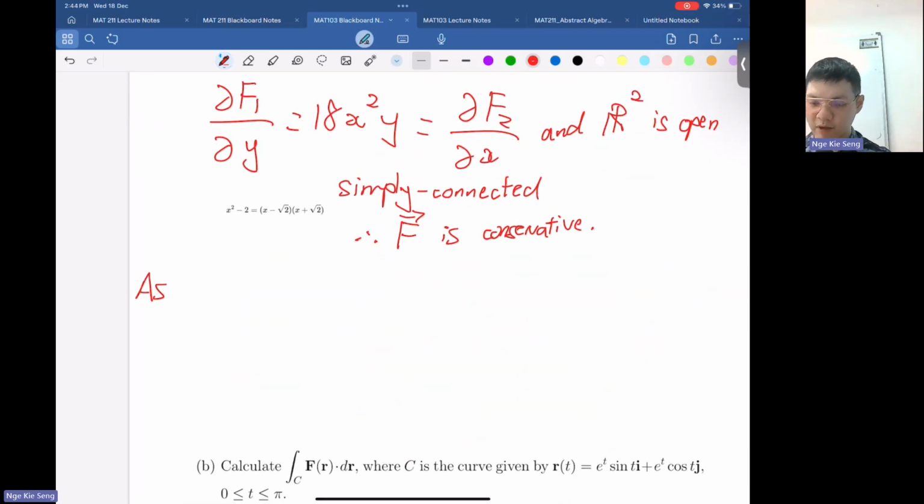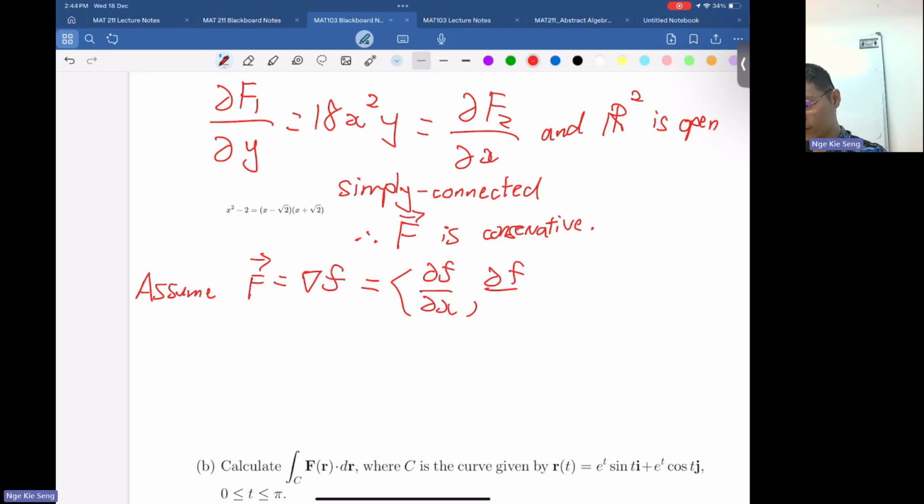This means that we want to assume how we get this F. This F should come from the gradient of some small f. Meaning what? The first coordinate should be the partial derivative of f with respect to x, and then the partial derivative of f with respect to y. So basically you just let this equal your F.